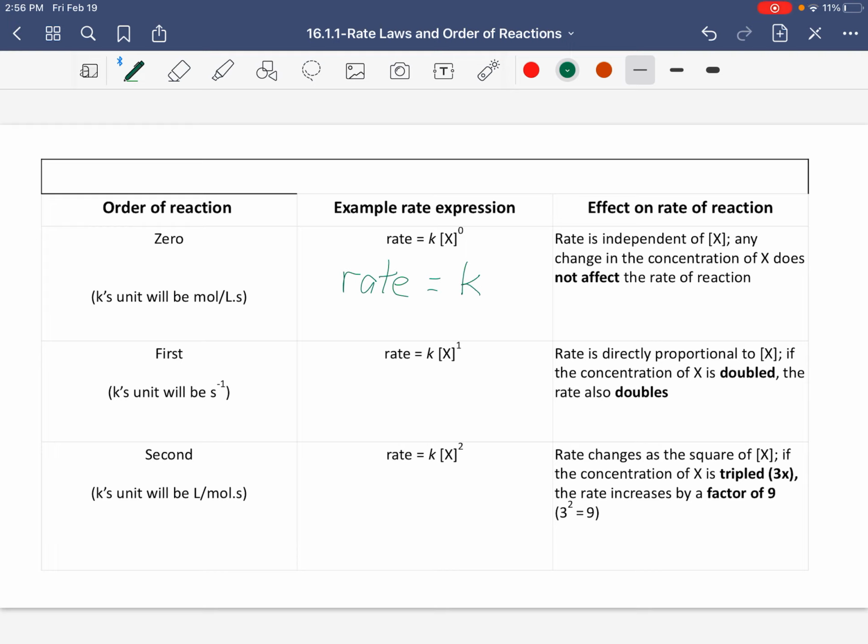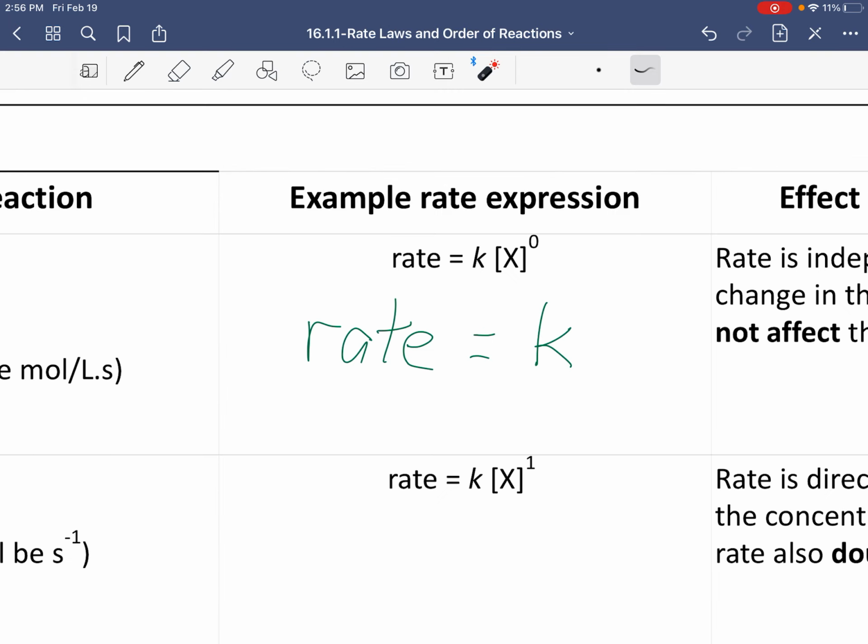What does that mean? It doesn't matter what the concentration is, because whatever this number is, it's going to be 1, because the order is a 0 order.